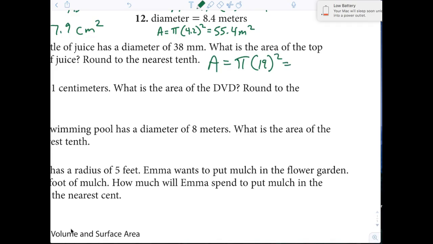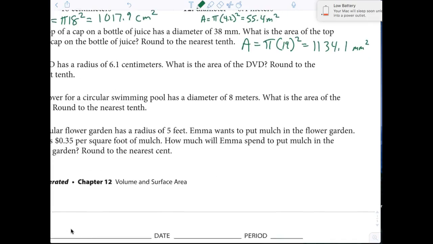Okay, so now tell me what the area is. Perfect. Justice, you're up, buddy.